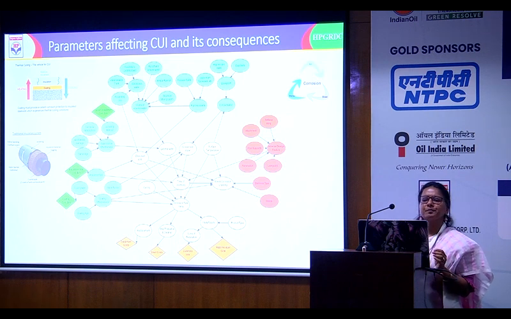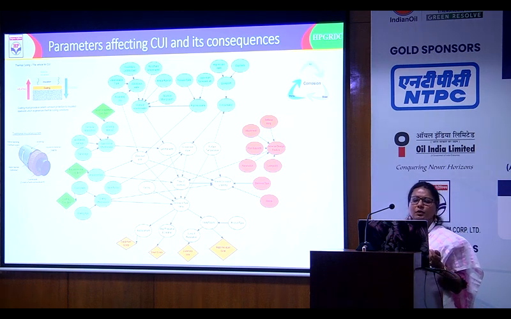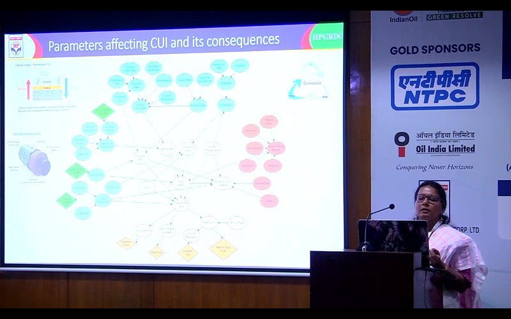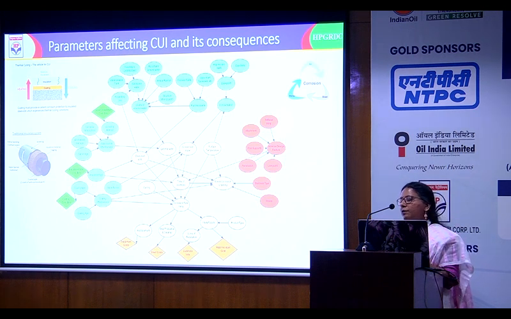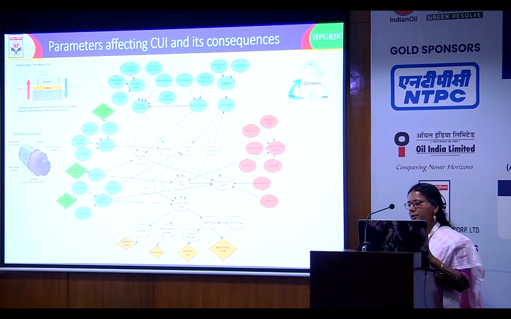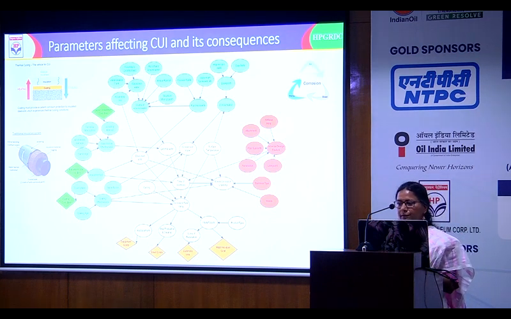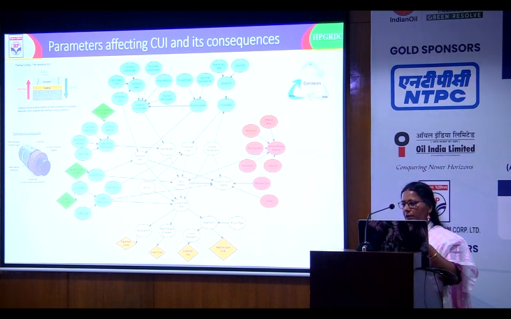As I earlier explained, corrosion under insulation will occur if heating and cooling occur, in the presence of moisture and other parameters. Most of our refineries are located in coastal areas, so there are ionic species and salts contaminating it, making it highly conducting. That is how water will ingress or percolate through the insulation.